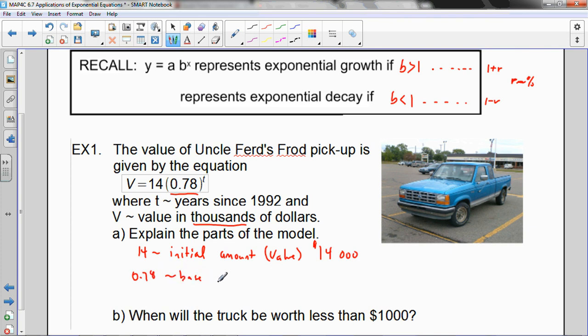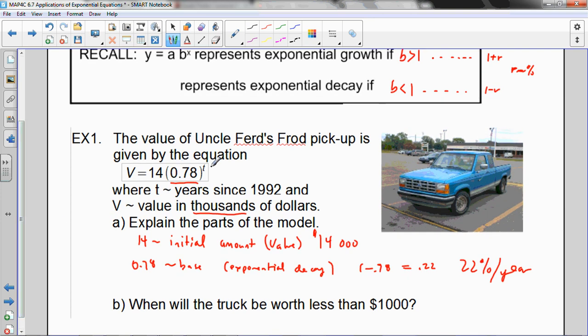And it represents exponential decay. Well, how much is it? Well, it's less than 1, right? 1 is the cutoff if it stayed even. So how much is it decaying by? It's decaying by 0.22, 22% a year. That's the decay rate. And T, of course, is the time that's gone past since 1992.